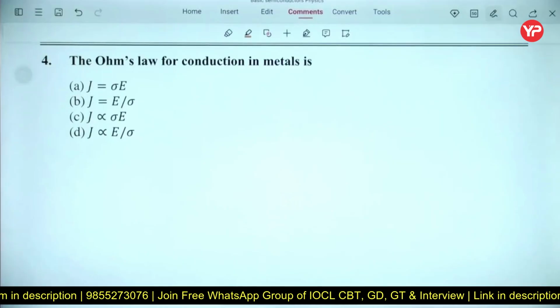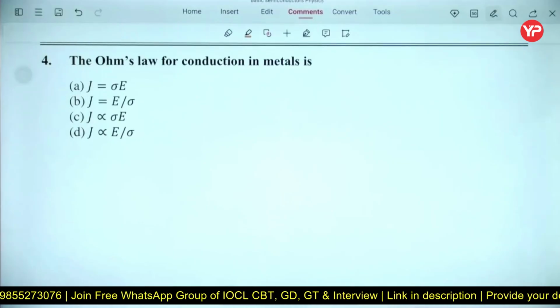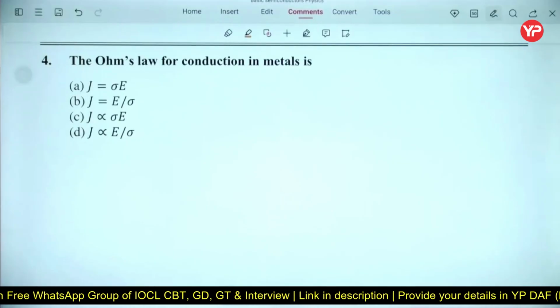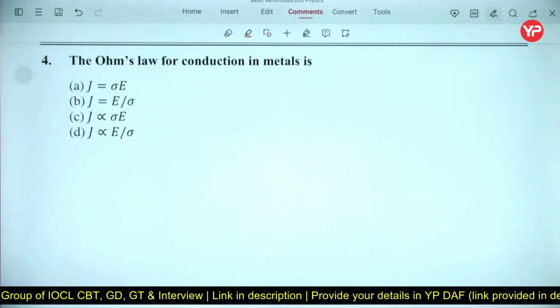So basically, that is the Ohm's law in your network theory.